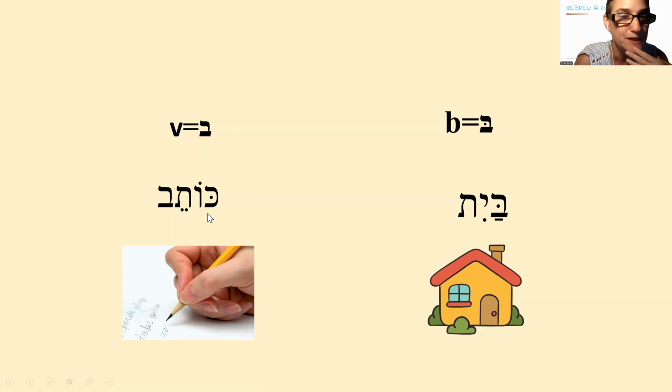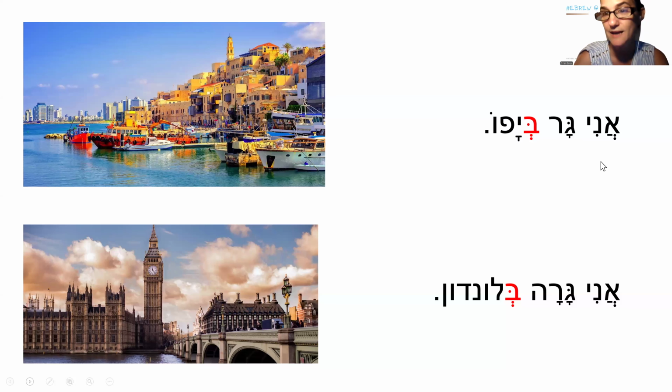For example, in the verb kotev, that you will hopefully learn soon. And an important use of the bet for us now is the preposition in.